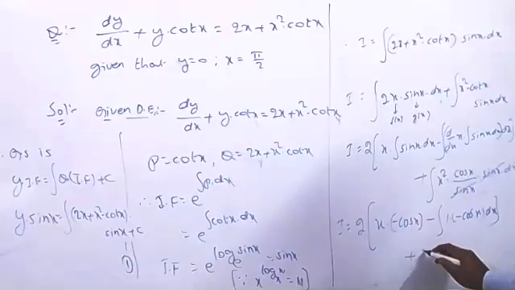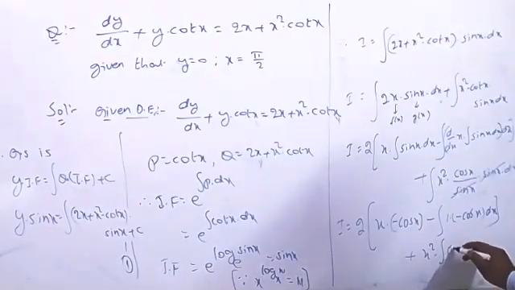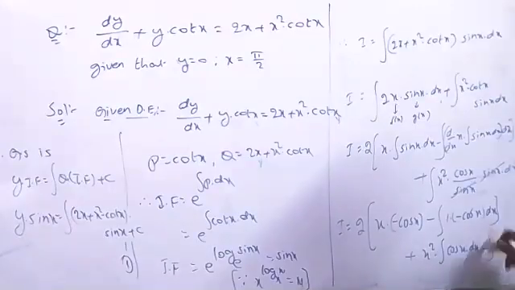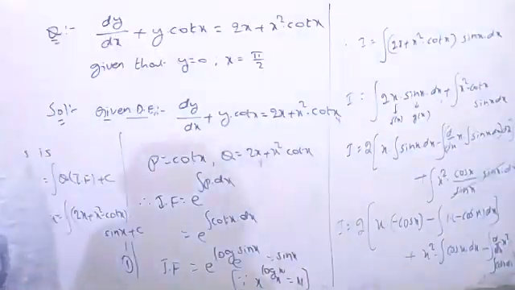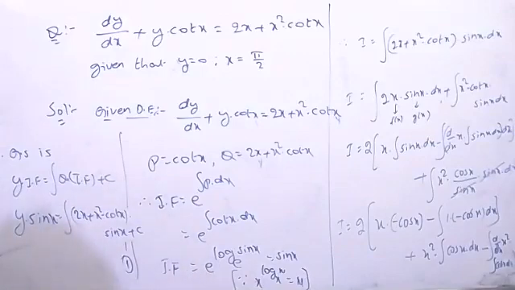So x square into integration of cos x into dx minus integration of d by dx of x square into integration of cos x into dx, whole into dx. Yes, I can simplify that.